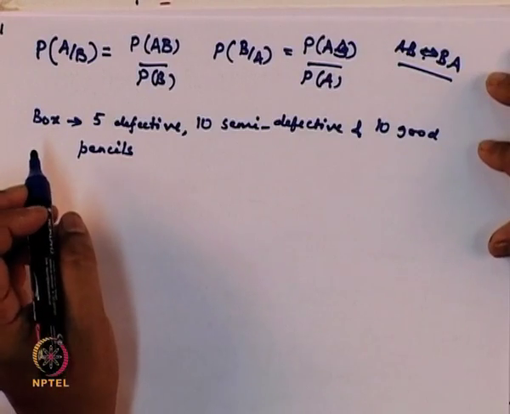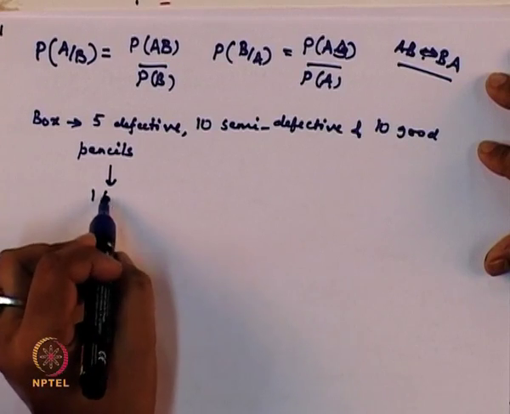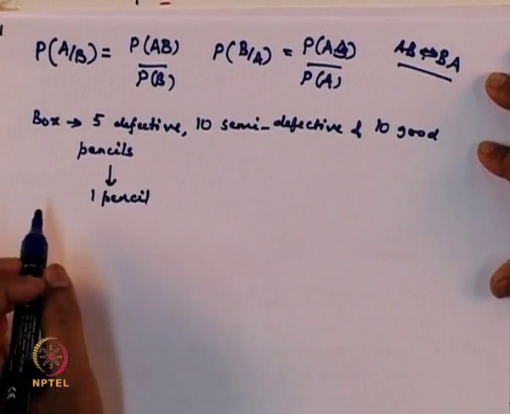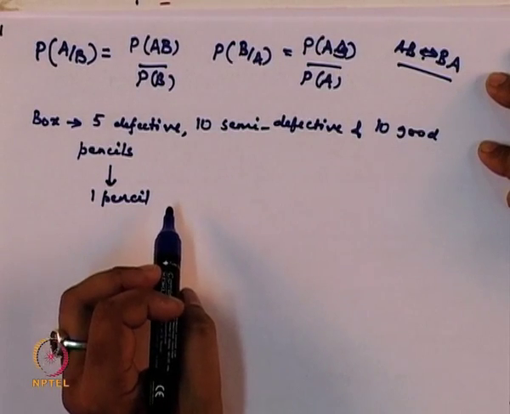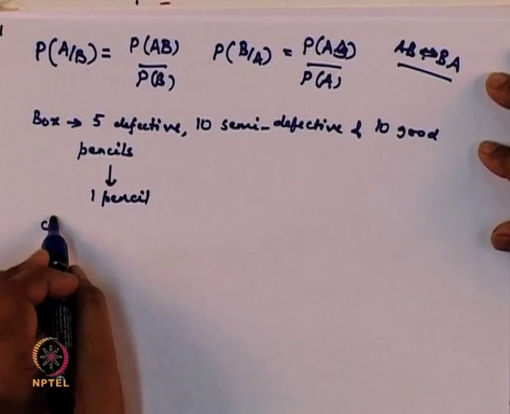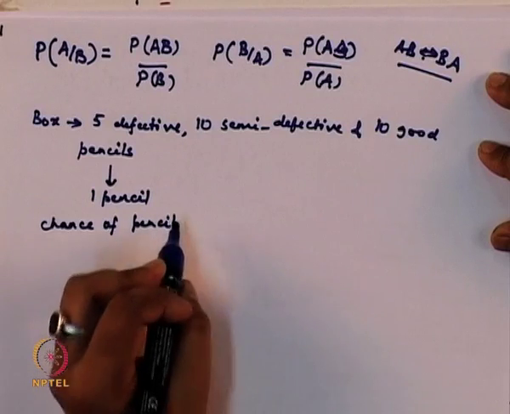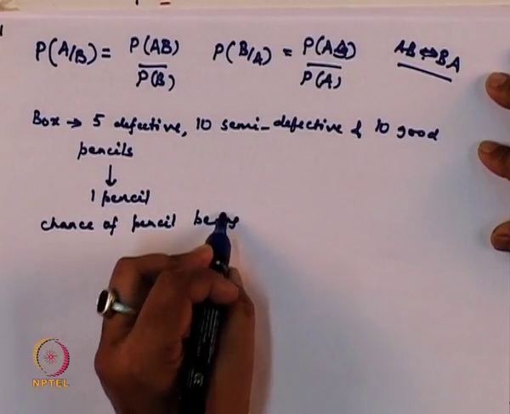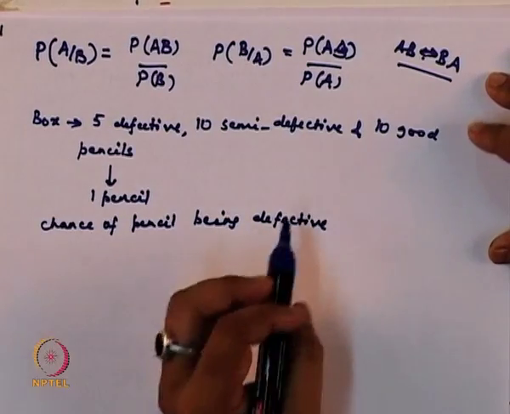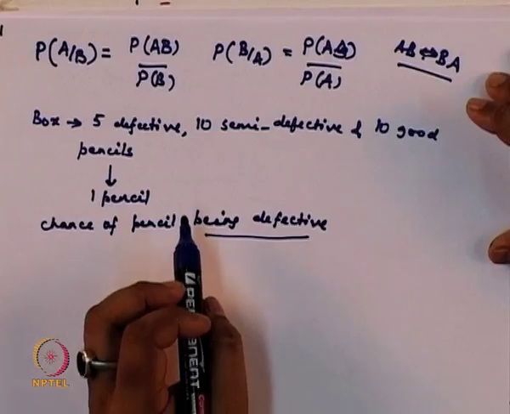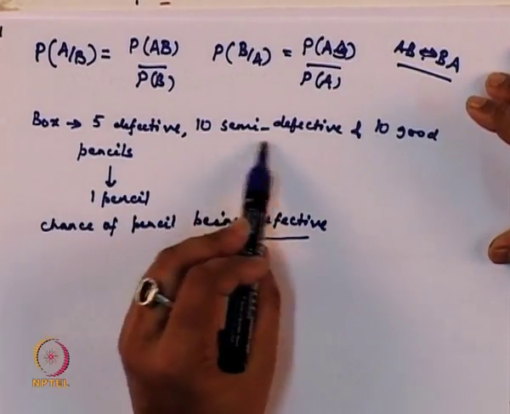Now, let us say you have taken one pencil from this box, and you ask, what is the chance of the pencil being defective? Being defective would include both of them, because eventually this will also fail.